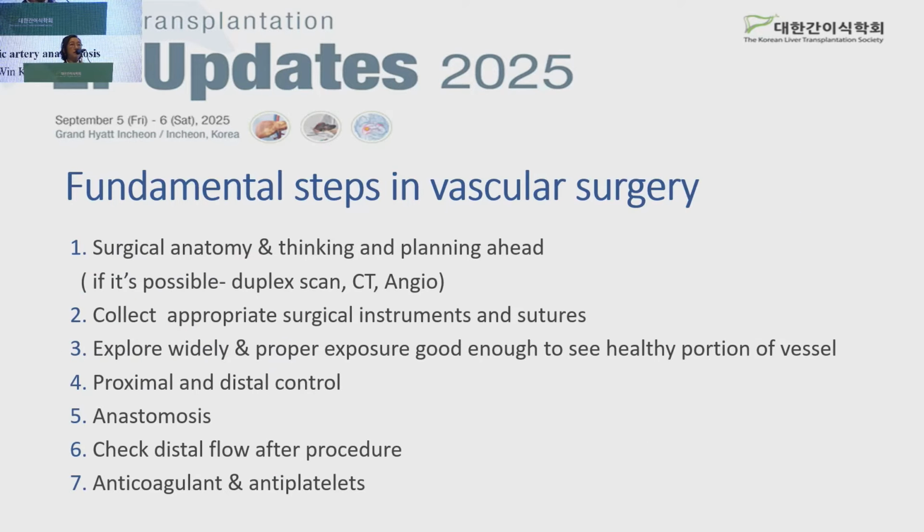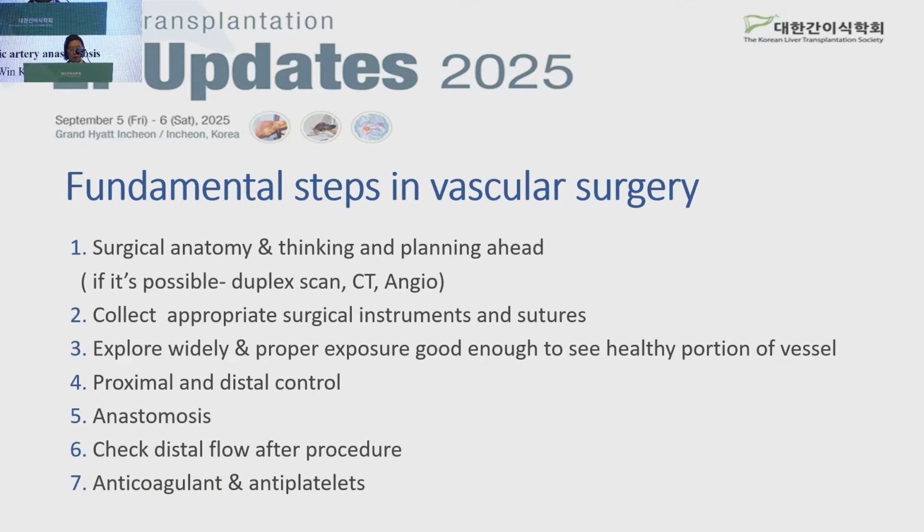I would like to say some fundamental steps for the general vascular surgeon. First, before doing anastomosis, all surgeons should know the surgical anatomy, and do thinking and planning. That's why pre-op mapping, angiogram, CT or MRI, whatever it is, is very important to get the ideas. Second, we have to collect appropriate surgical instruments and sutures, mainly in a country like Myanmar.